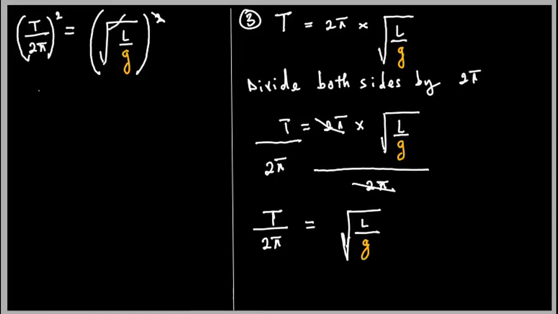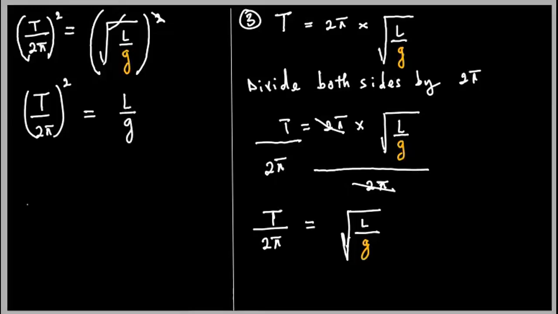And then what do we have left? We now have T over 2 pi all squared on the left, and on the right we just have L over G.